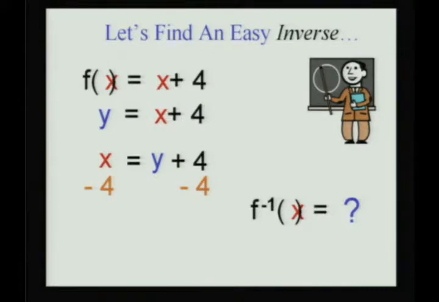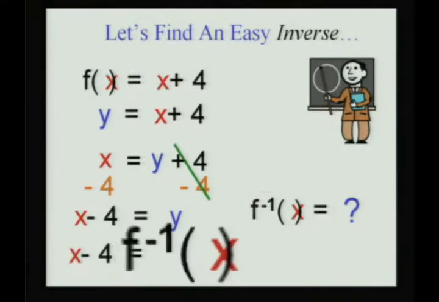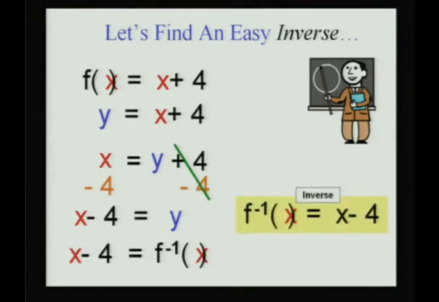Got to get y alone, so I subtract 4. And replace y back with f inverse of x. So the inverse of the function x plus 4 is x minus 4. They undo each other.